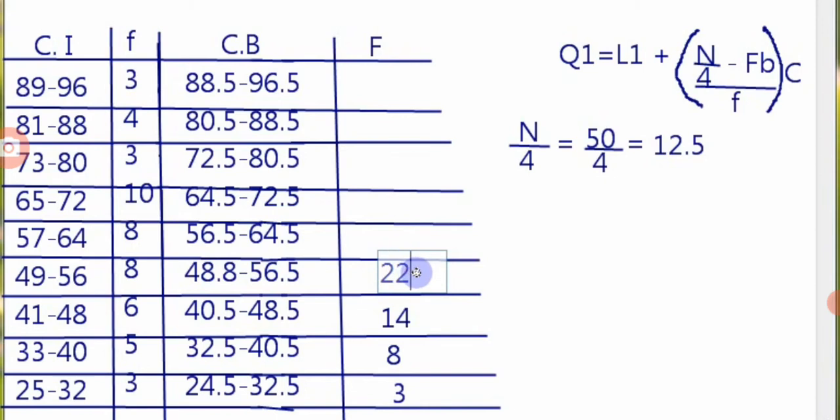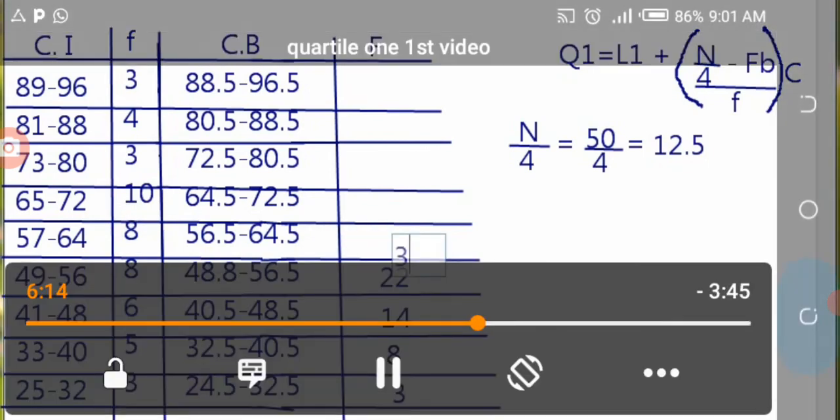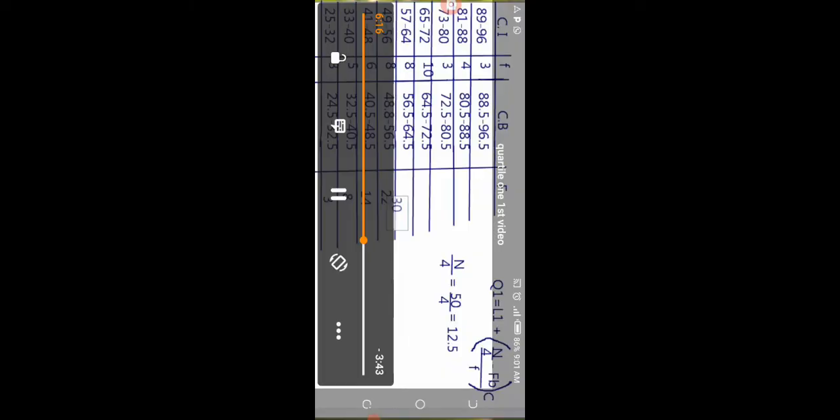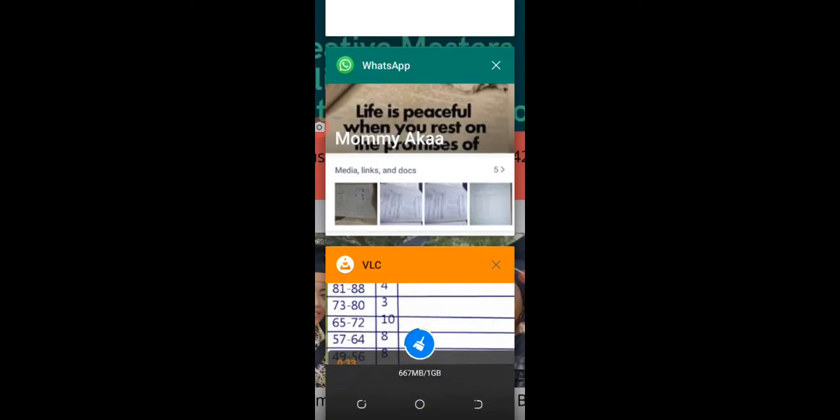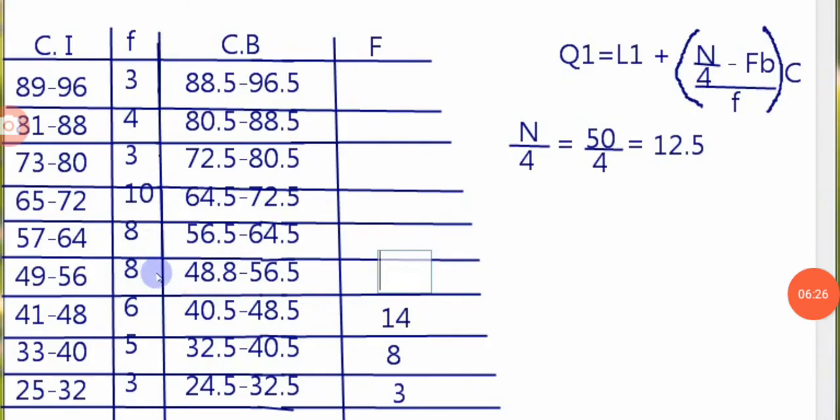So this gives 22. So when we add 22 to this 8 under frequency, you have 30.